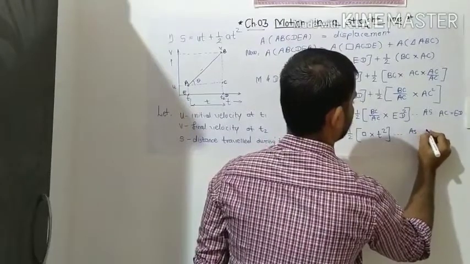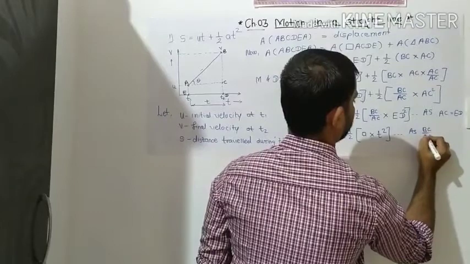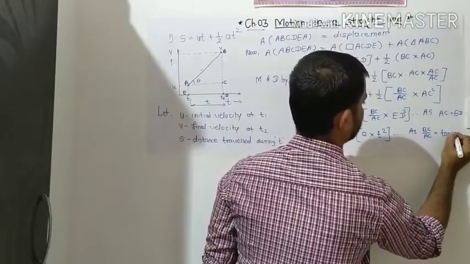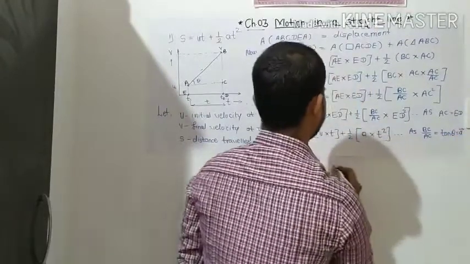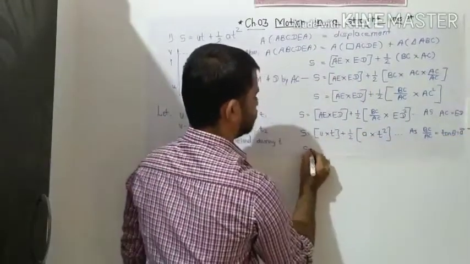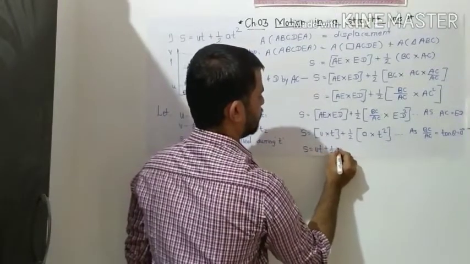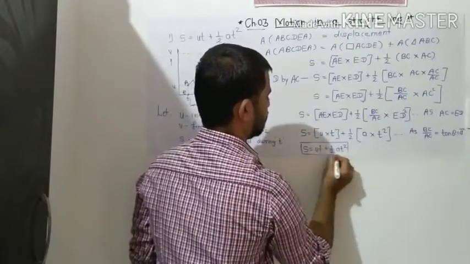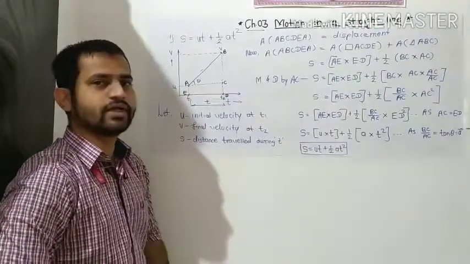BC upon AC is equal to tan of theta is equal to acceleration. So that we will get S is equal to UT plus 1/2 AT square.